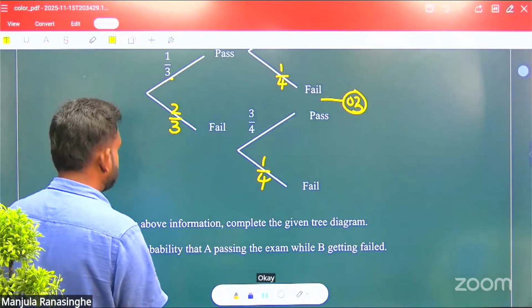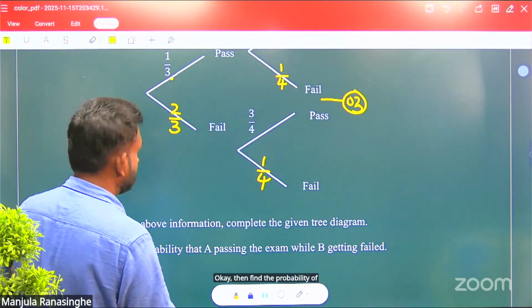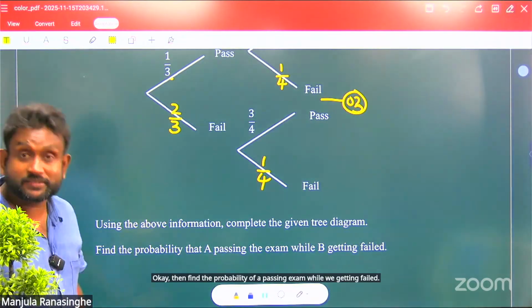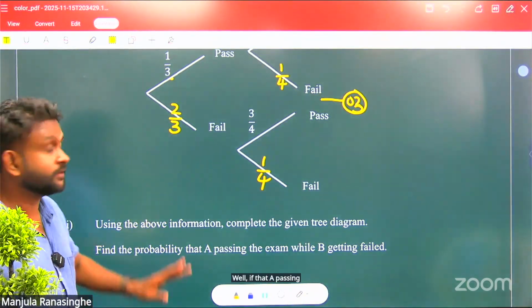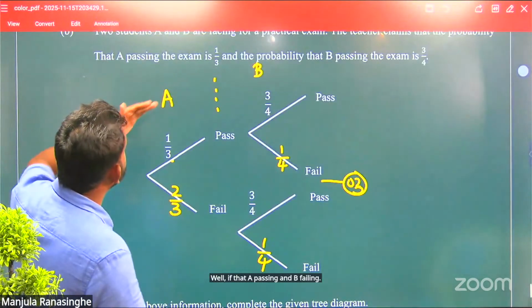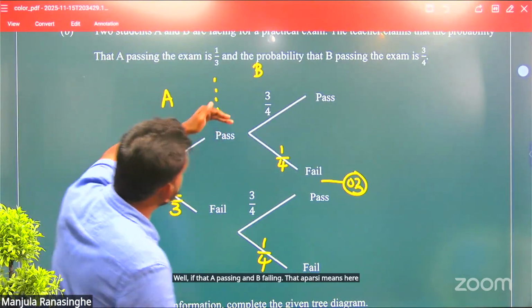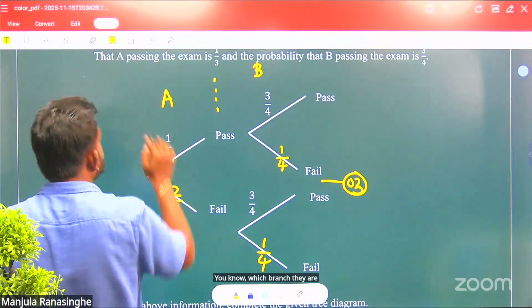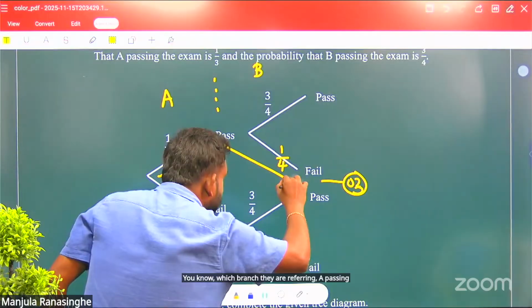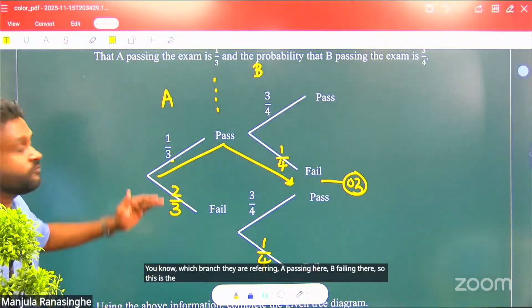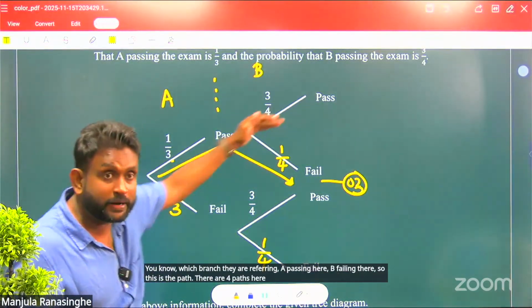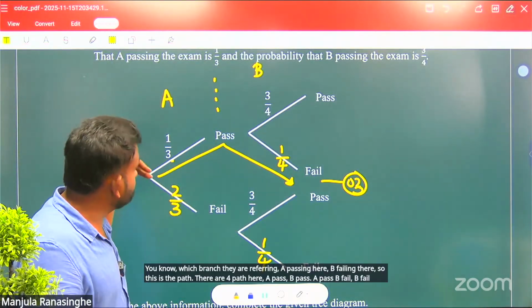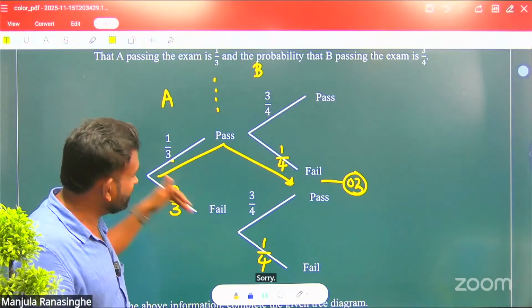Then find the probability of A passing the exam while B fails. A passing means here A passing, B failing. Which branch are they referring to? A passing here, B failing there. So this is the path. There are 4 paths here: A pass B pass, A pass B fail, A fail B pass, and A fail B fail.